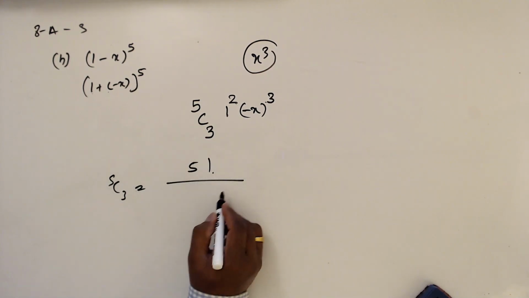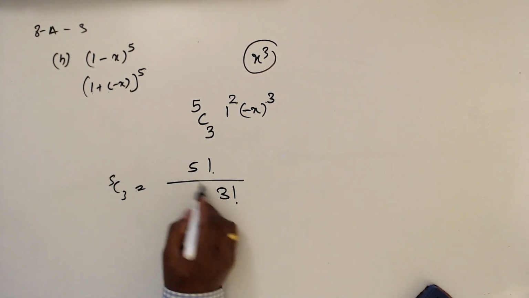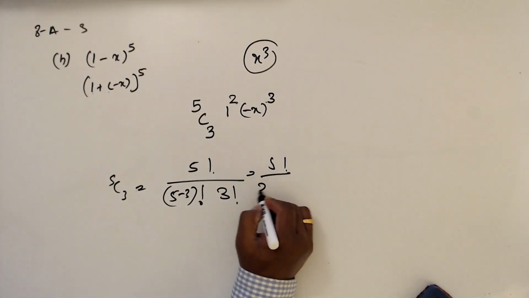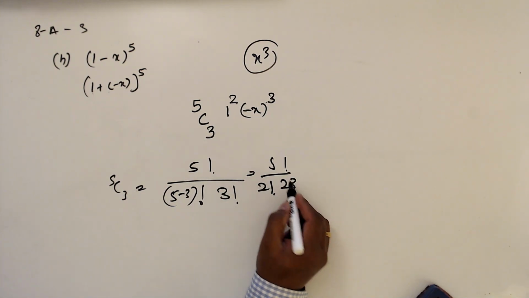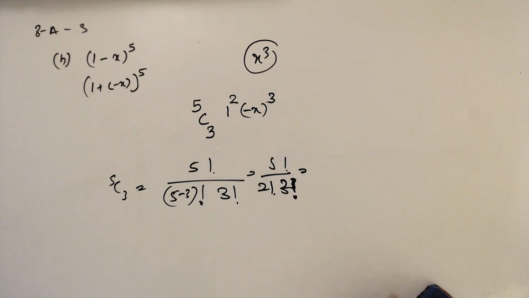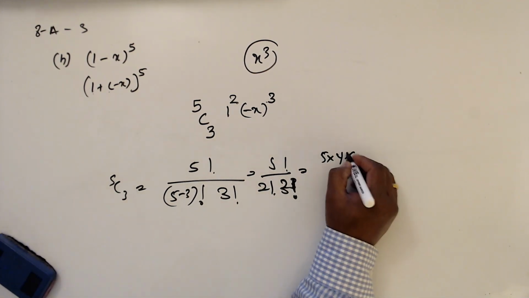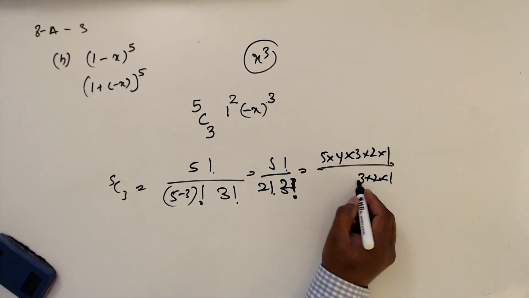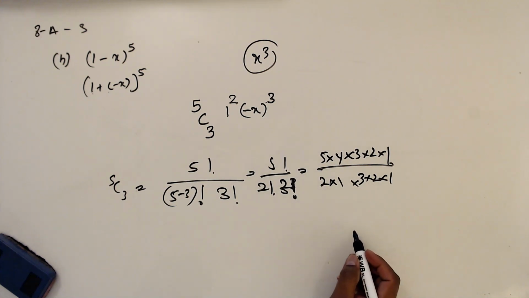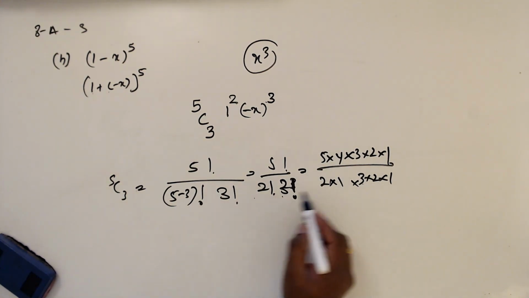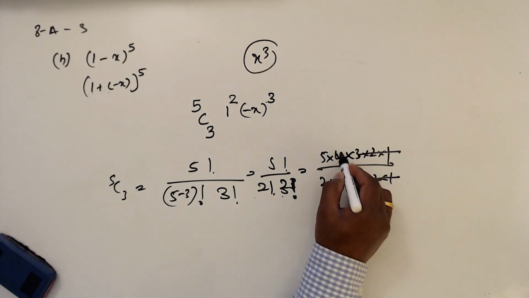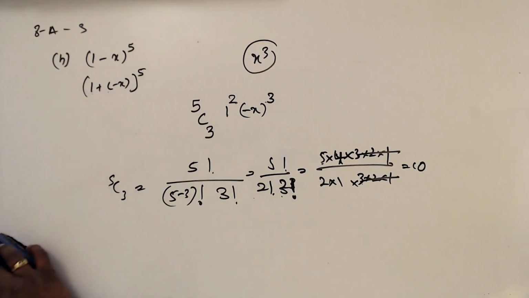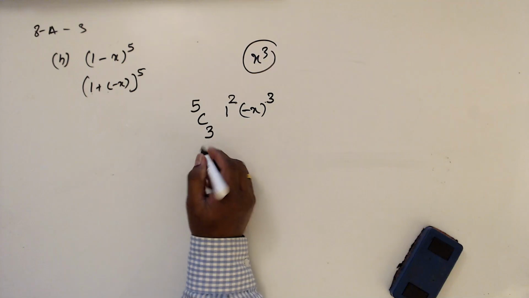So 5, 4, 3, 2, 1 over 3, 2, 1 and 2, 1. The factorial 3 cancels out. This is 5 times 4, 20, divided by 2, so this value is now 10.